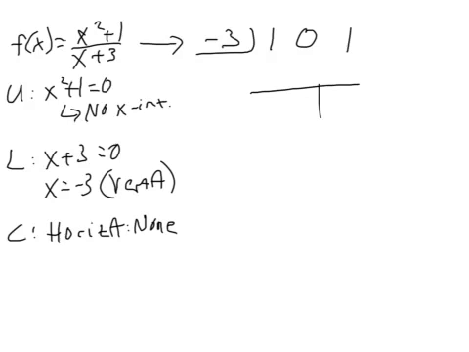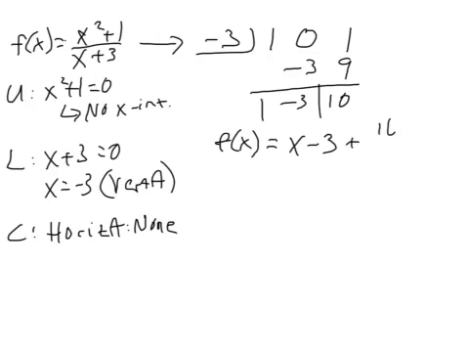If it was a factor, the numerator should be factorable, and I should have noticed they canceled, giving us a hole. But the numerator is not factorable. So let's hope we don't get a remainder of 0. Yes, we didn't. We got a remainder of 10. That means f of x, yes, it's x squared plus 1 over x plus 3, but it's also x minus 3 plus 10 over x plus 3.